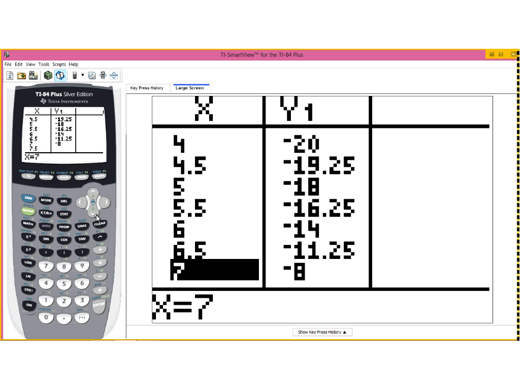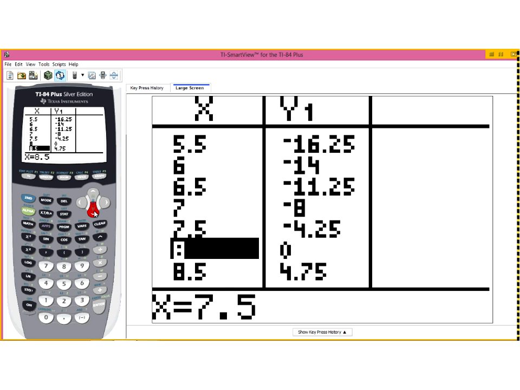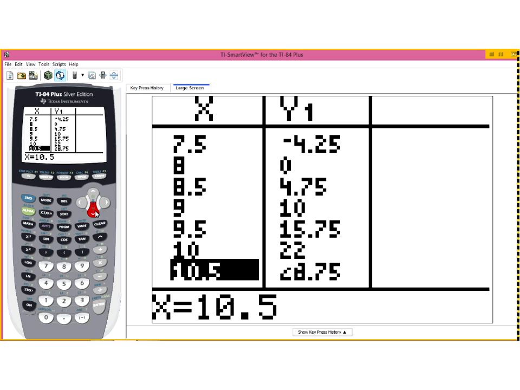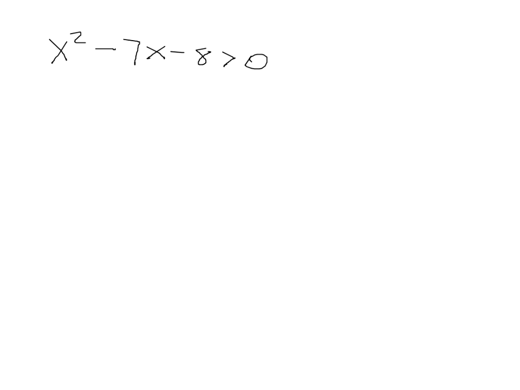As I go through my table, there's where I hit 0 again. So between minus 1 and 8, you can see that the graph has negative y values. And then after 8, I have positive y values again. So going back, we just saw that from minus infinity to minus 1 and 8 to infinity, those were the x values where the graph was positive.